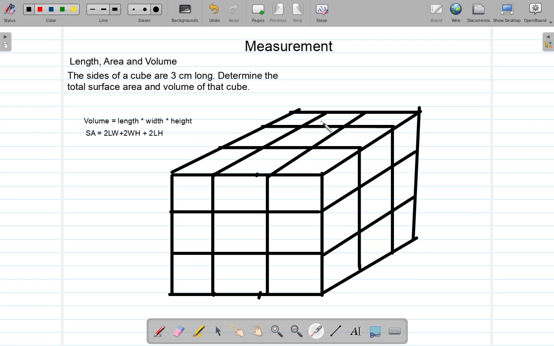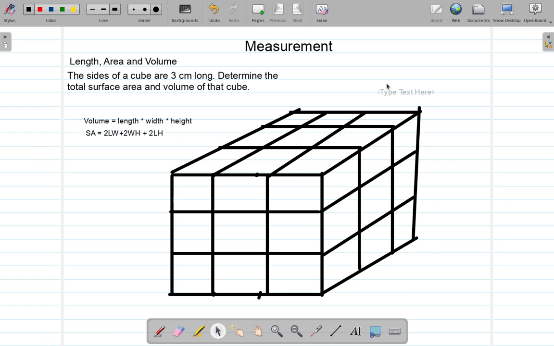Now, let's see how we could find the volume first. Let's do the volume first. We know that it would be 3 times 3 times 3. But how are we really sure about that? You expect it to be 3 by 3 by 3, but we want to verify the answer.